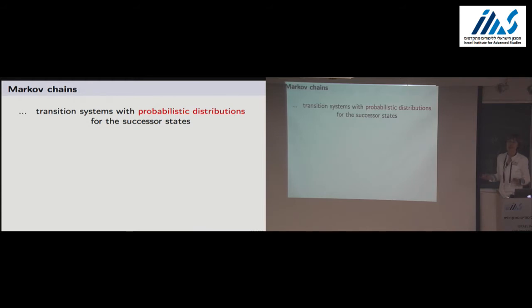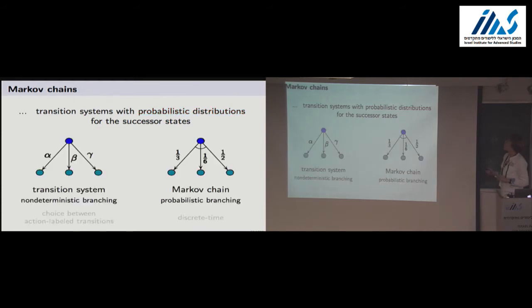Well, the simplest way to explain what is a Markov chain is to take a standard transition system or just a finite state automaton, where you are in a certain state and then you have a choice between different branches. Well, in this context, we don't care about the labels, just take them as abstract labels for the transitions.